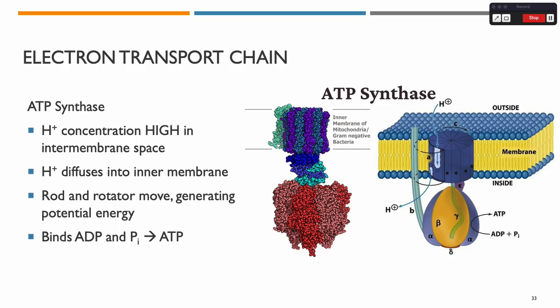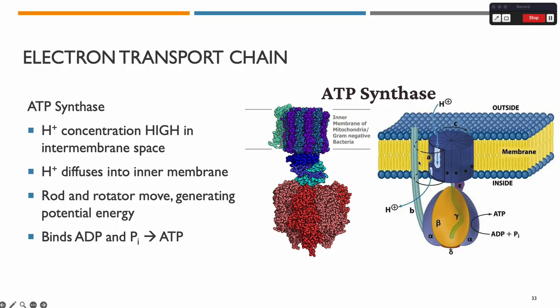It's all about getting that concentration gradient of hydrogens, which will then eventually come to the ATP synthase. This is what this looks like if we look at it at a molecular scale. This is that membrane we're looking at, the inner membrane space, the matrix down here. But basically to sum up, ATP synthase takes those hydrogens, which are in very high concentration in the inner membrane space.